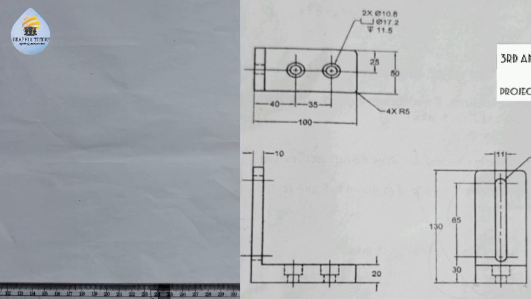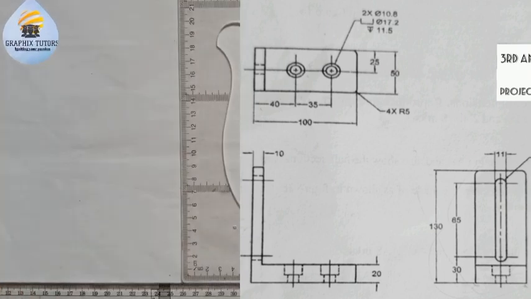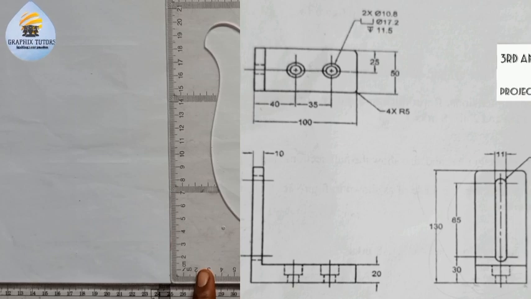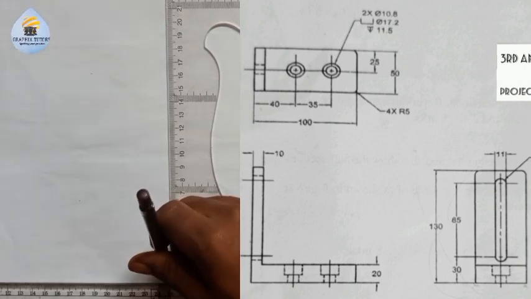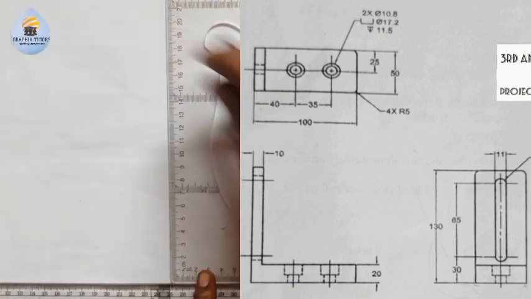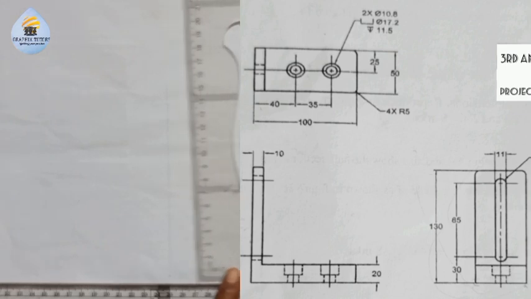Now the first thing you have to do is to draw your isometric axis, right? So I can pick up this point from here. On that point, I place my t-square, my set square. I'm going to draw a vertical line this way. You can see that.